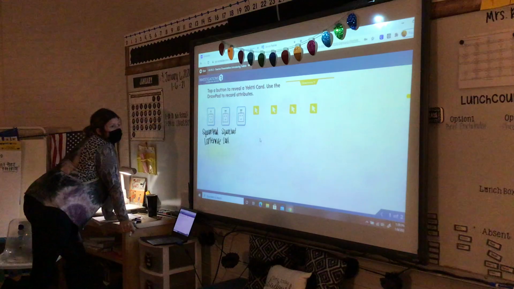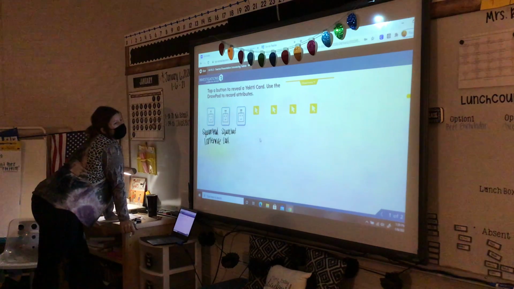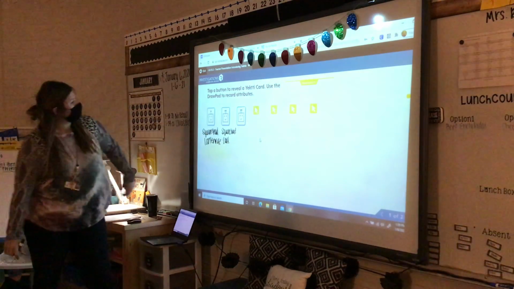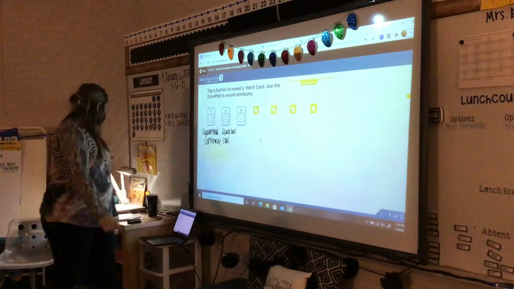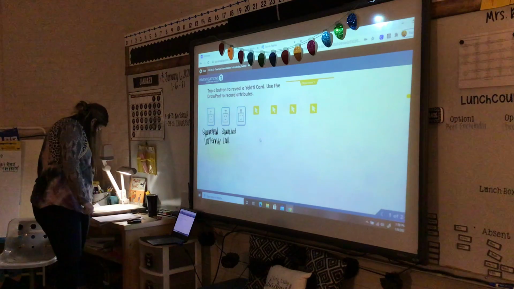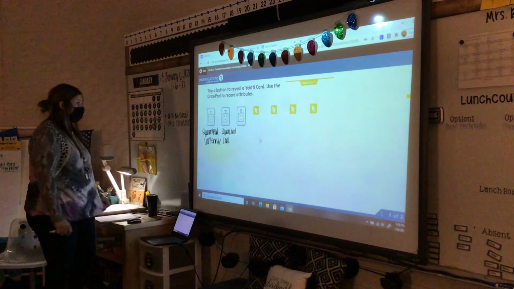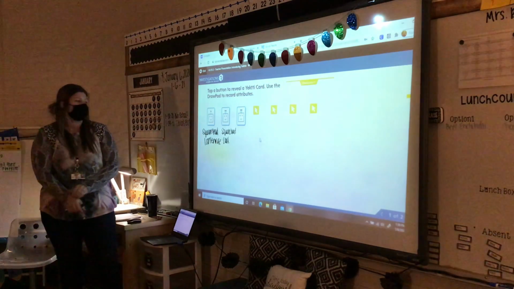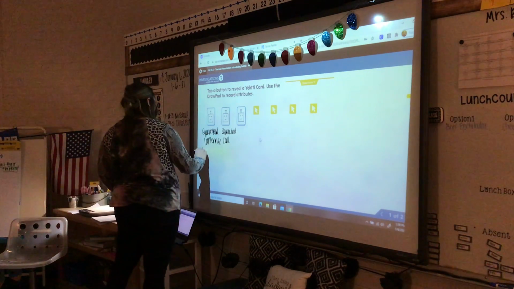What's different? It's the same. Is it? No, the eyes look different. What do you think about the eyes? They're like a little bit longer. Okay, so these are black eyes, but are these black eyes? So we can add black eyes to these.